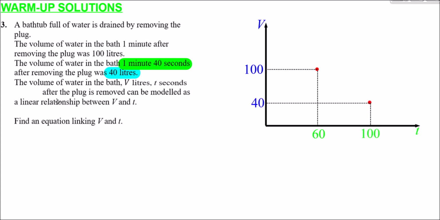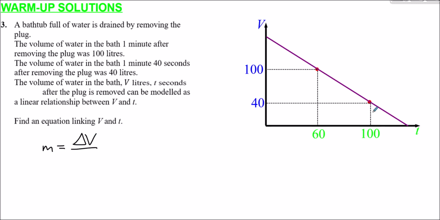Now, because it's a linear relationship, we need to fit a straight line going through these 2 points like this. Our problem now is working out the equation of this purple line. Well, we know 2 points, so the best step, in my opinion, is to work out the gradient. So the gradient is the change in v, normally it's a change in y, but it's a change in v in this case, divided by the change in x, normally, here it's a change in t.